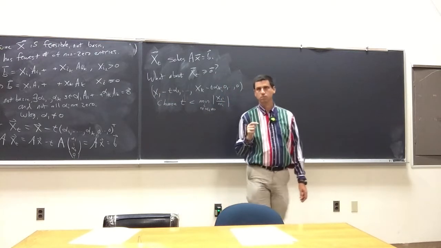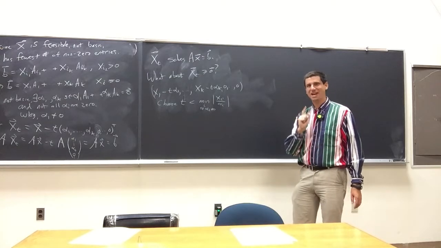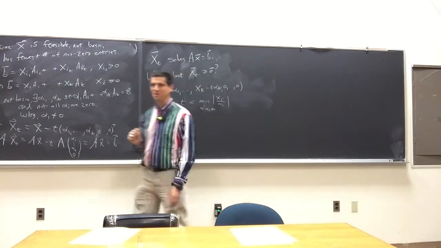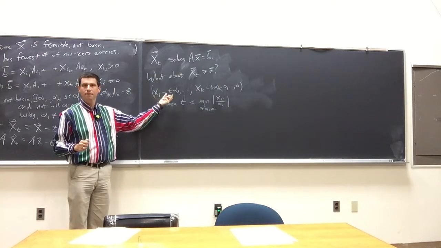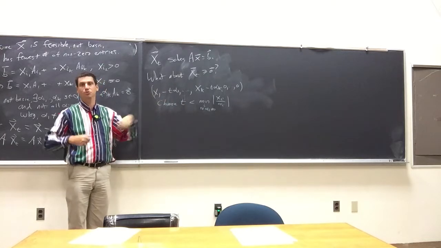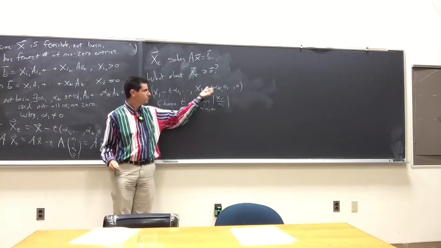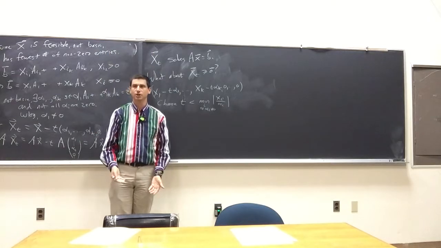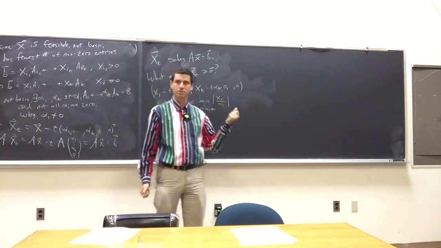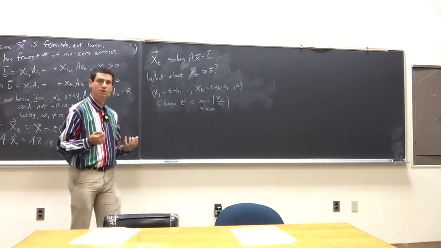Yes? If we choose t equals the min, can we just be finished? So that's where things come. Now we choose t to be the minimum. And we have to be careful about the sign, but we now choose t so that at least one component vanishes. So when t is sufficiently small, all are non-zero. Eventually, as t is getting positive or negative, we will reach the point where one component becomes 0. Maybe several components become 0, but we will reach the point where at least one becomes 0.